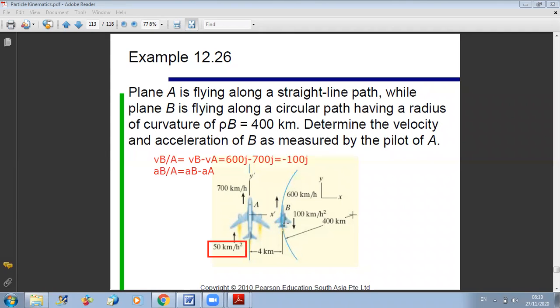Now, what will we do to find the acceleration of B? What is AB? It has two components. Very good, tangential and normal, exactly. So we should divide AB into two components. AB tangential, from the given, is 100 kilometer per hour square. So here it's a deceleration or acceleration for B?